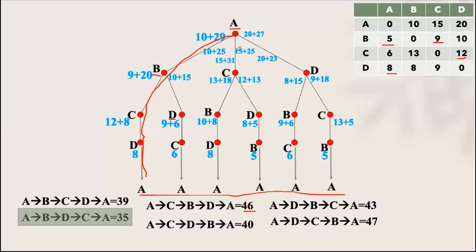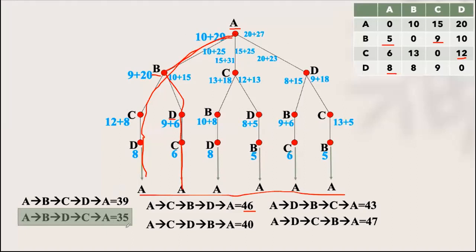And which one is minimum? So the second path is minimum. That is A to B, D, C, A. That is 35. That is the minimum cost path from A to A, traversing through all the vertices.